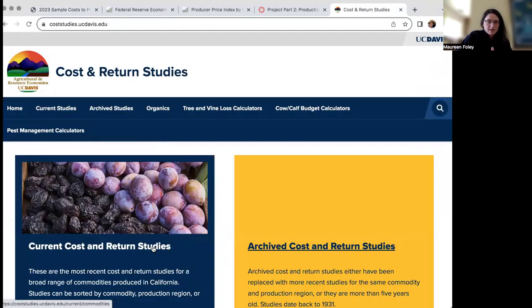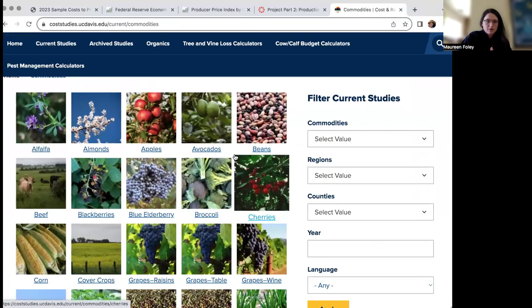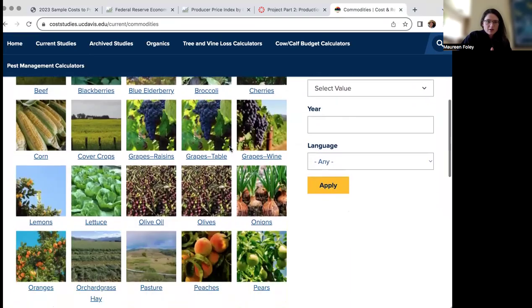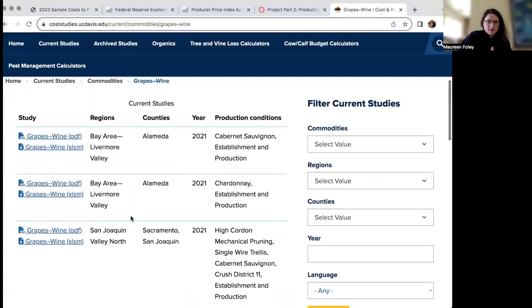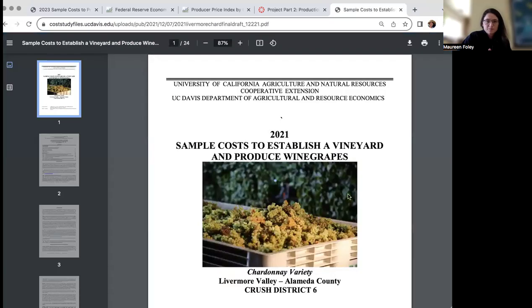We're going to find one perennial crop so I can show you guys what the difference is. And let's look at wine grapes. Let's just look at this one. Chardonnay grapes, establishment and production.